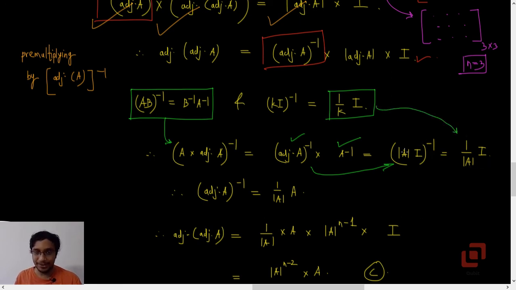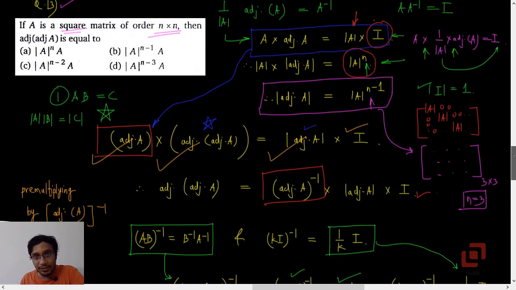Let me again explain this. First thing, A into adjoint of A inverse is adjoint of A inverse into A inverse. It is based on the first property. But what is A into adjoint A? It is also determinant of A into I, the relation with which we started our problem.